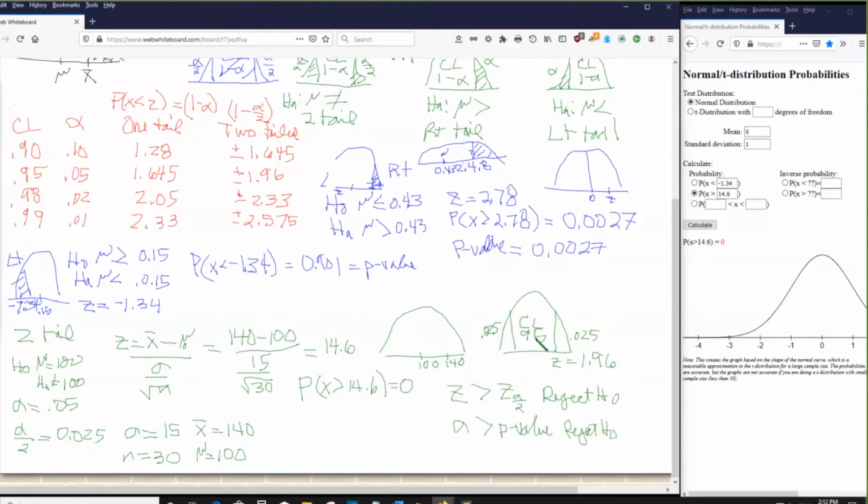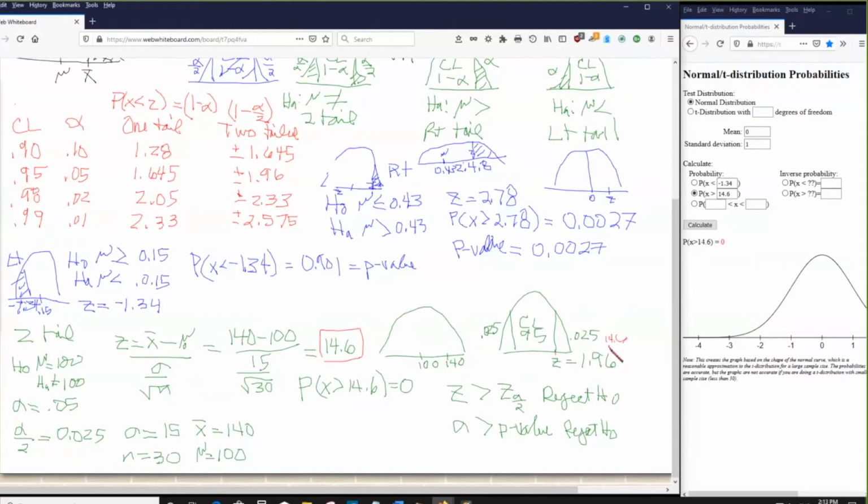So what this is telling us is we got a z-score of 14.6, and the z-score on the standard normal distribution was just 1.96, which means that 14.6 is probably way out here.